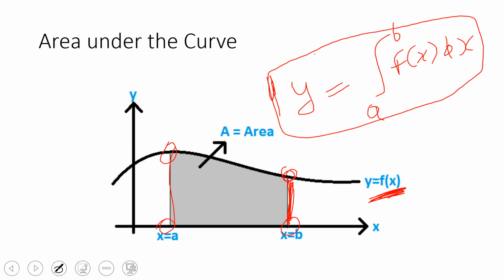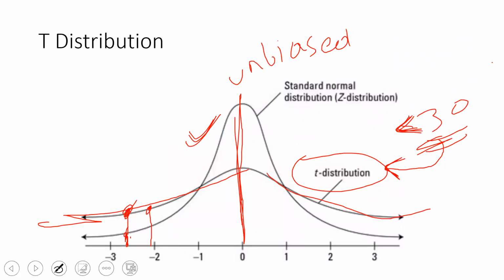You don't need to remember this integration formula, but I want you to understand what happens in a probability distribution function. I can find the probability for any random variable.